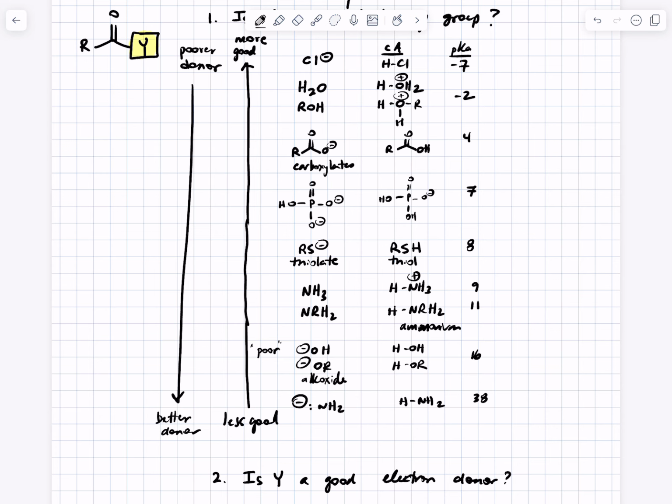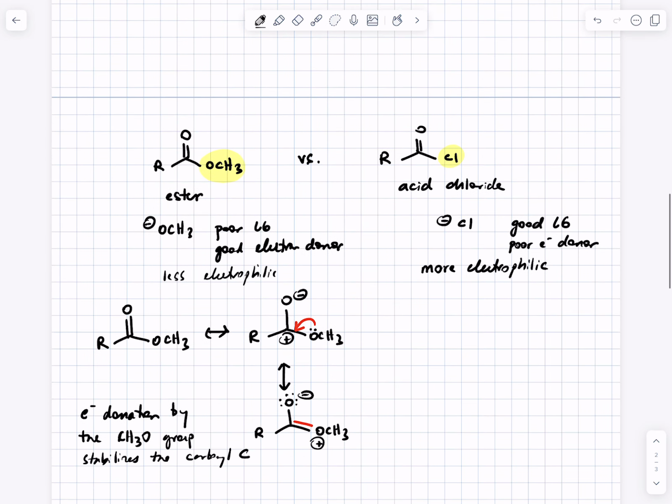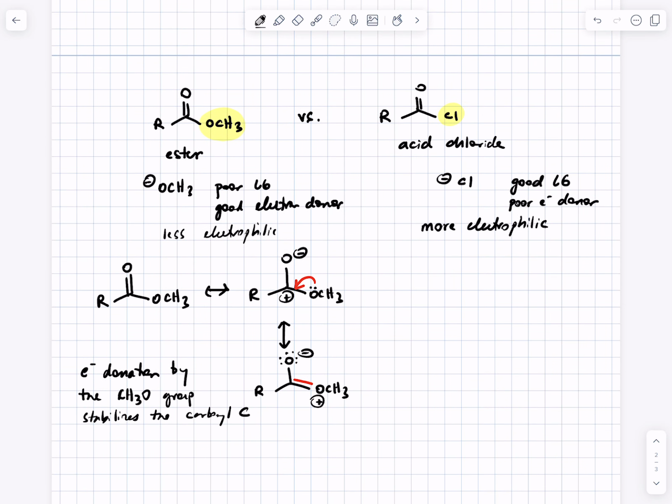So what does this mean for a carbonyl compound? We talked about two different carbonyl compounds. One is the ester, the other is the acid chloride, and we were trying to rank them in reactivity based on the consideration of what's the leaving group and how good of an electron donor it is.